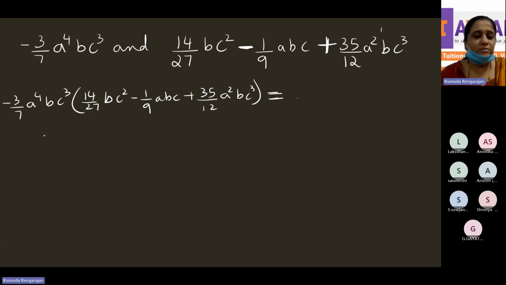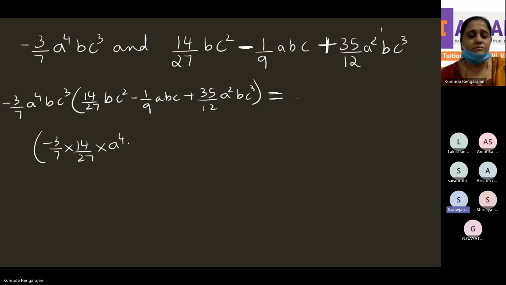So is equal to, minus 3 by 7 into 14 by 27, then into a to the power 4, into b to the power 2, into c to the power 5.